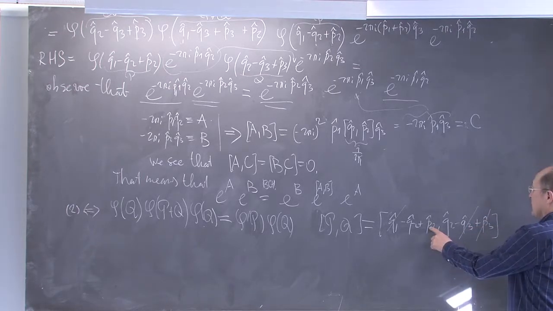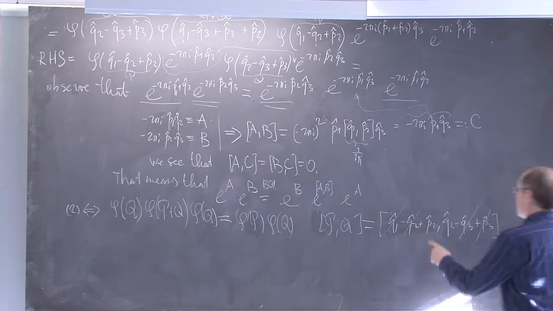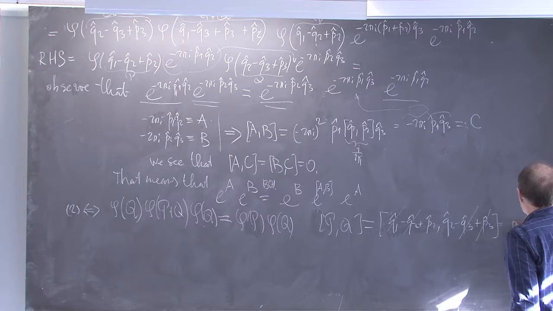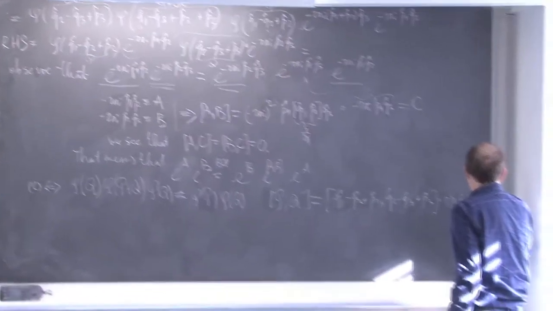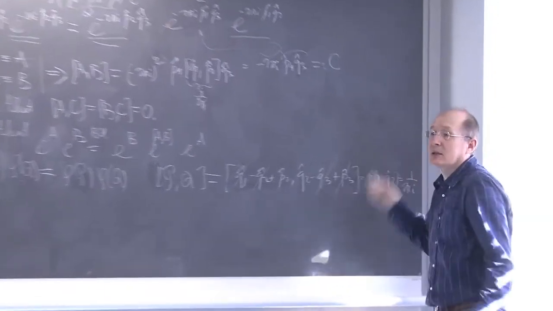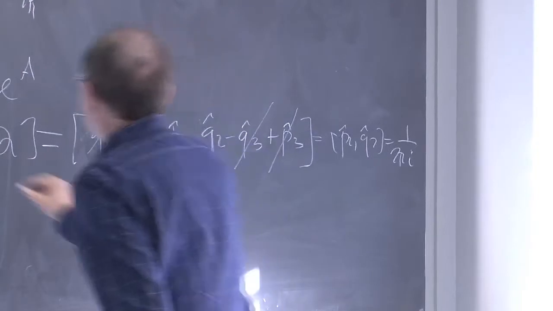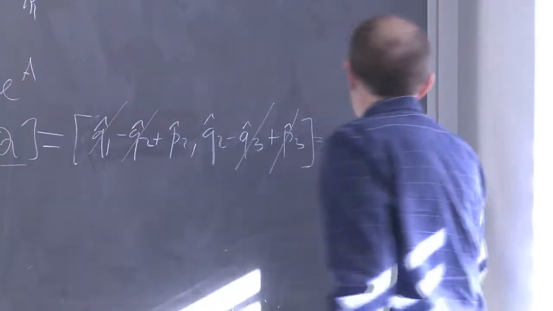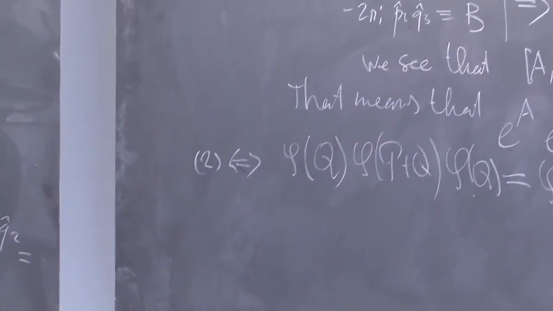And then the only contribution comes from Q2, since Q2 commutes with itself. So this is the P2 Q2 commutator, which is 1 over 2 pi i, where 1 means identity operator. But the essential thing is that capital P and Q satisfy the same commutation relations as small p hat and small q hat.